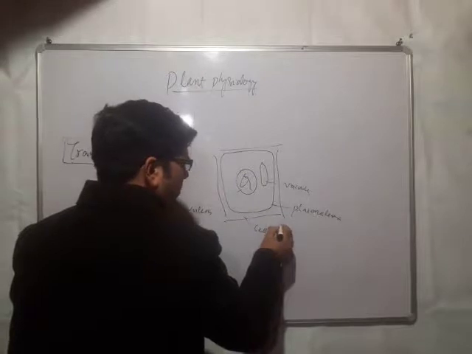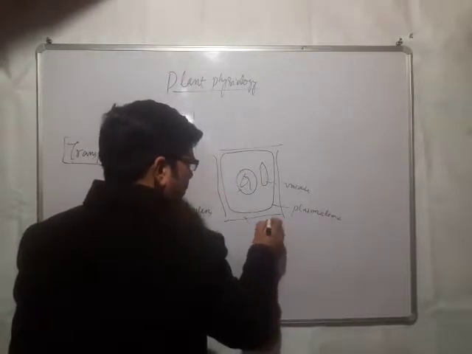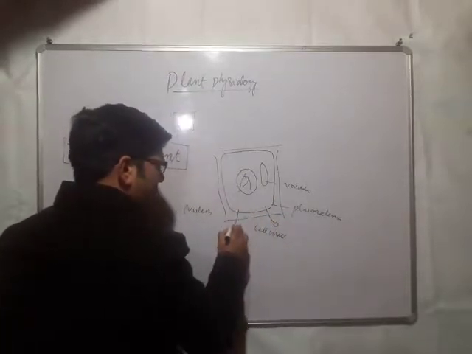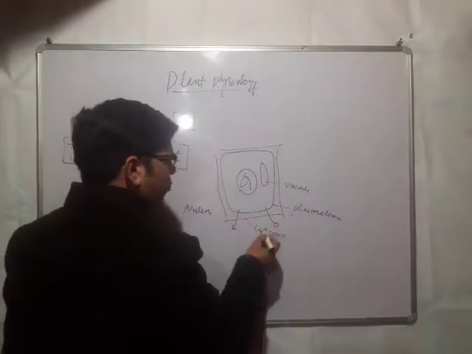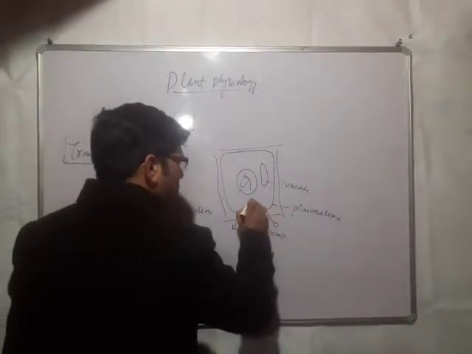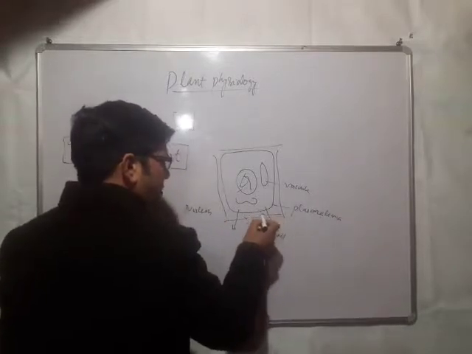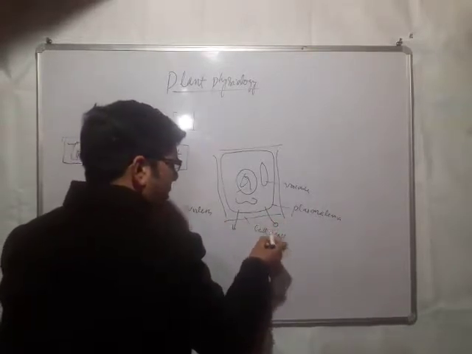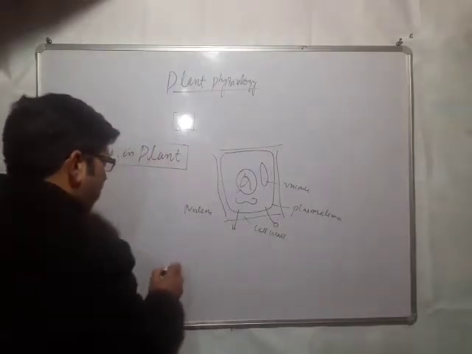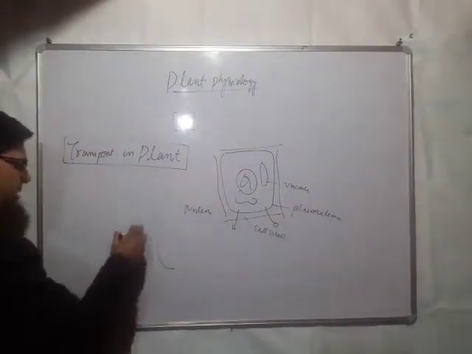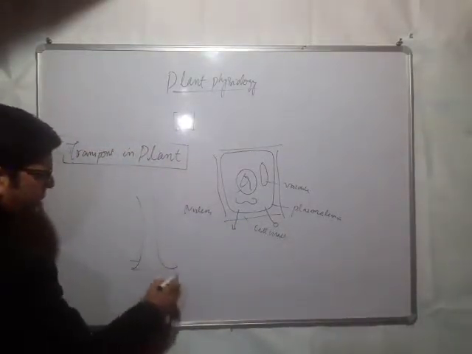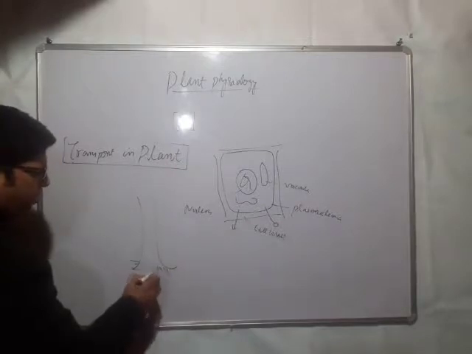The water can be taken inside the cell, or it can be released from the cell to the outside, to the neighboring cell, to the neighboring environment. There is also movement within the cytoplasm, and this water needs to be transported from one cell to another cell, or from roots. For example, this is soil and this is a plant root.